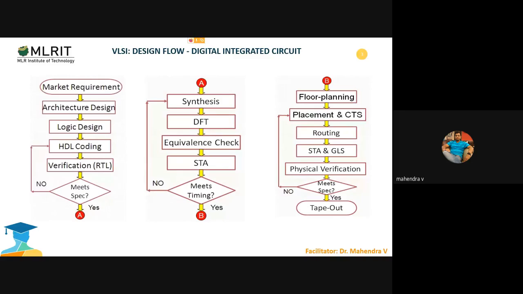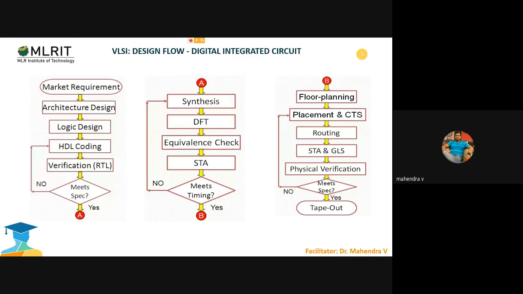Now after this, we decide whether to tape out, that is, send to the foundry to manufacture the IC, or download onto the FPGA to verify the physical correctness. If it goes to tape out, then manufacturing will happen. Finally, the manufactured IC will be the output of this design flow.